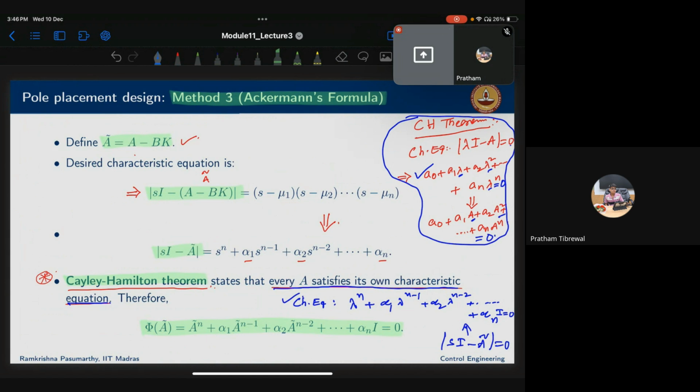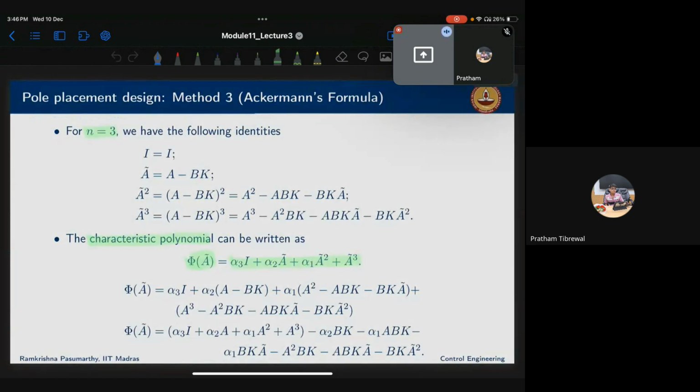Now you can see, take n is equal to 3. We want to check for n equal to 3 only. So A cap squared, A cap cubed. This is the characteristic polynomial, that is sI minus A cap.